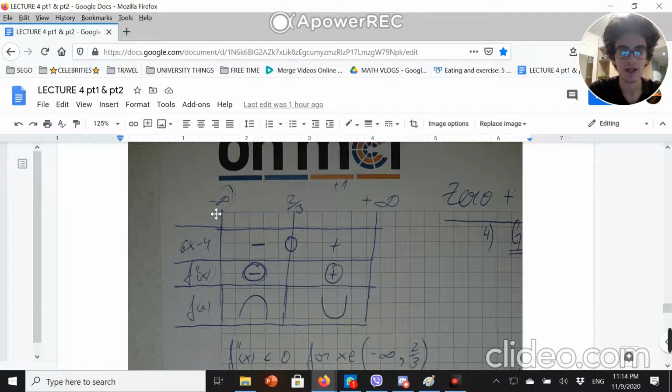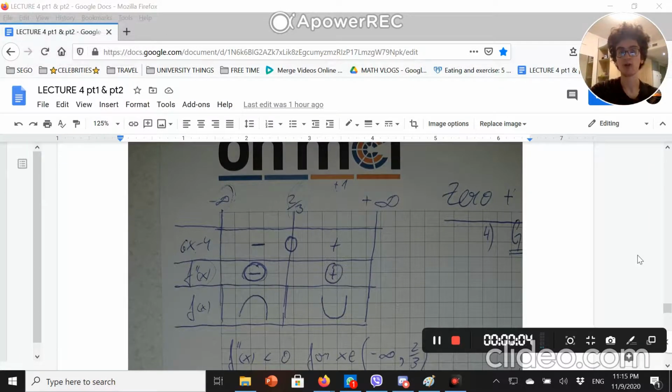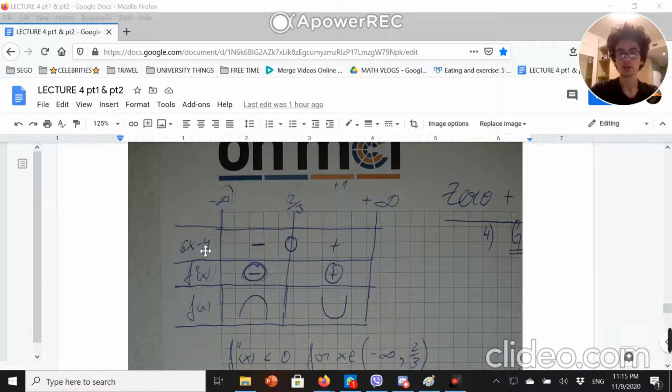For any number between negative infinity and 2 over 3, our function will be negative. Let's take negative 1: negative 6 minus 4 is negative 10, which is minus. When we put our 2 over 3 into our function, we have 0, so we just circle it here.